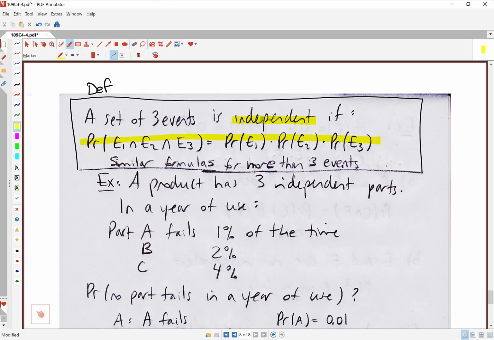So that's a definition of what independence means in that context. And there are similar formulas for more than 3 events. So if you had, say, 7 events, it would be the probability that all 7 events happen is equal to the product of the 7 probabilities, for example.